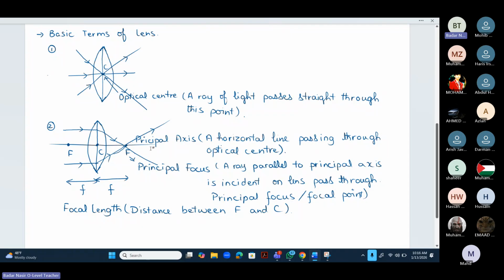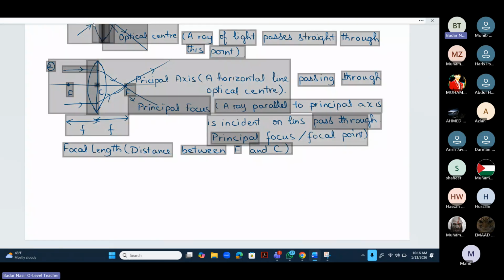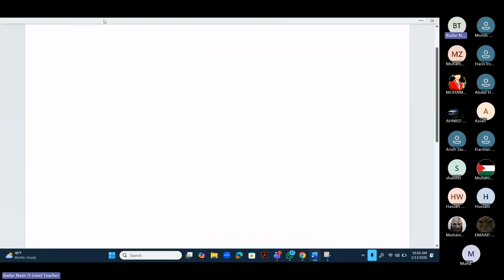For a diverging lens it will be the opposite. Now we'll discuss image formation, so we'll have a clear understanding of this.